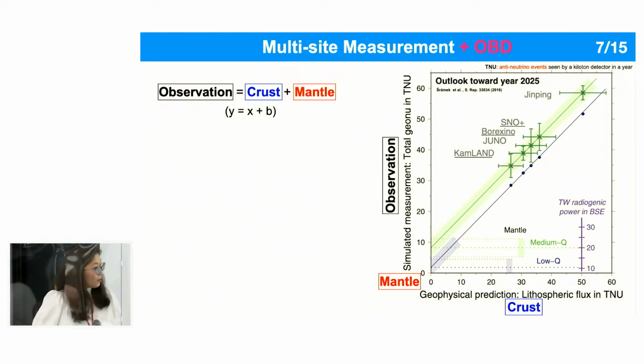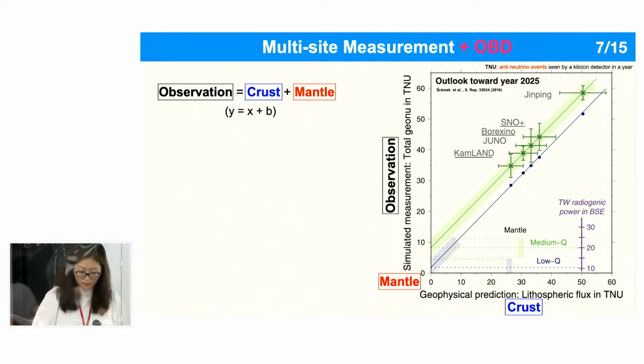Now, the ocean bottom detector. Why are we so interested in measuring in the ocean region? What we measure with geoneutrinos is the total contribution from the crust and the mantle. It can be written like y equals x plus b, and the plot shows the crust contribution on the x-axis and the observation on the y-axis.